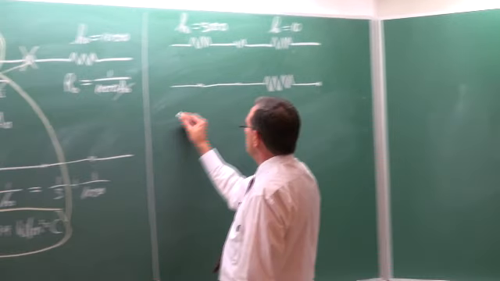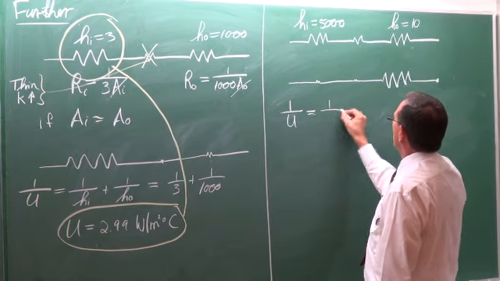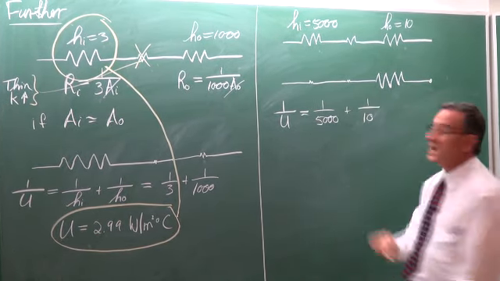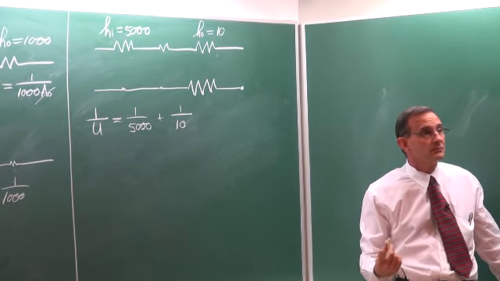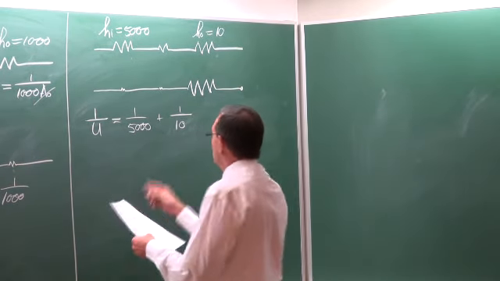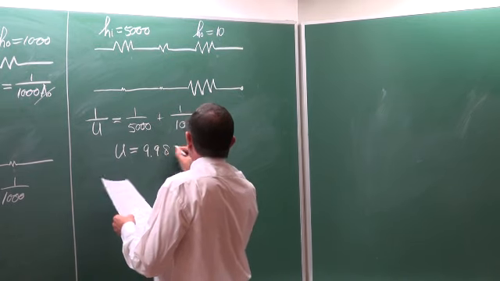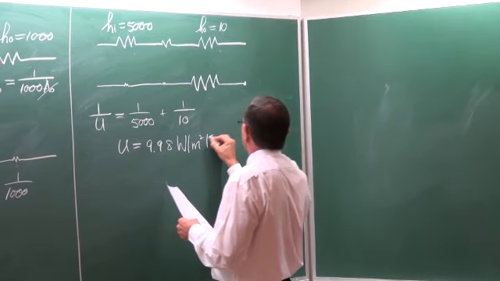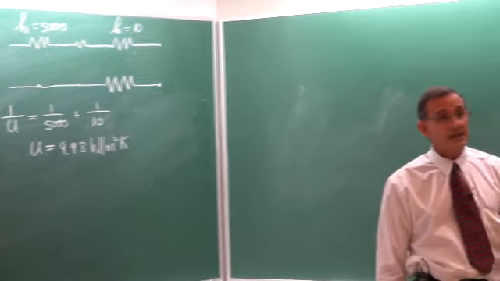So if, again, we calculate 1 divided by U, it's going to be 1 divided by 5,000 plus 1 divided by 10. What should we guess is going to be the overall heat transfer coefficient? It's going to be approximately 10. If you calculate it, the overall heat transfer coefficient is equal to 9.98 watts per square meter Kelvin or degrees Celsius. Does that make sense?